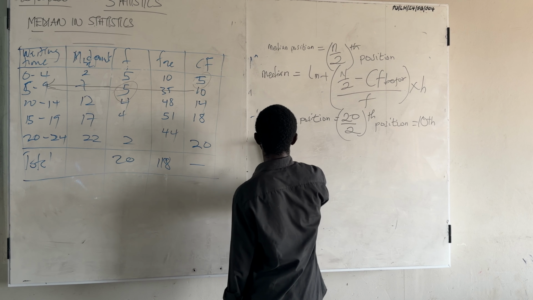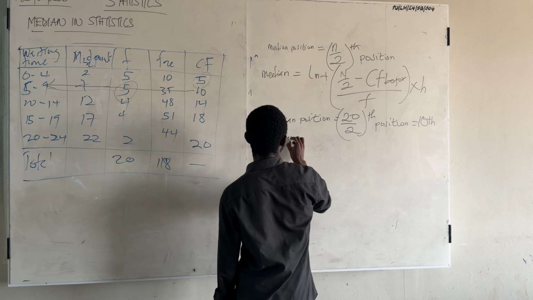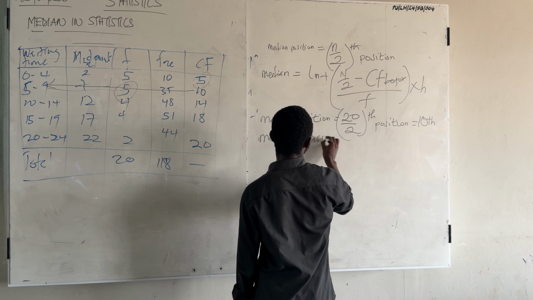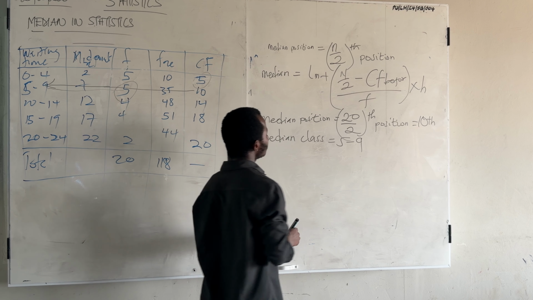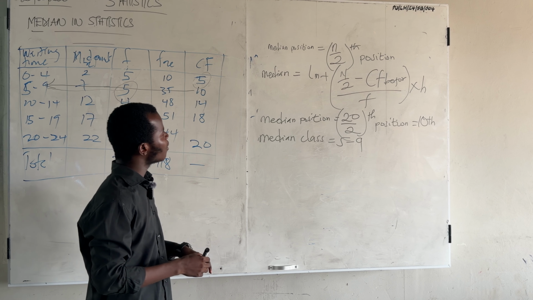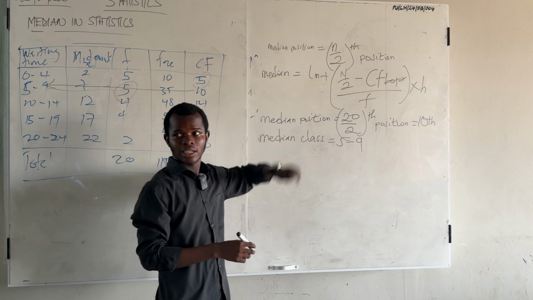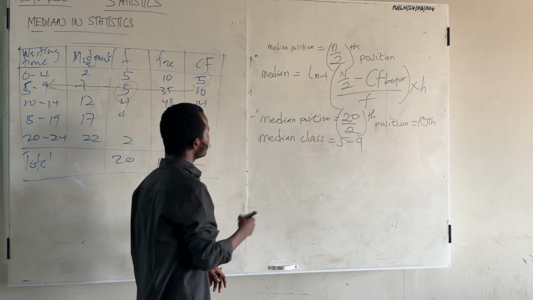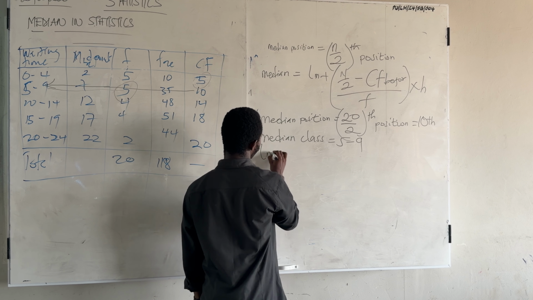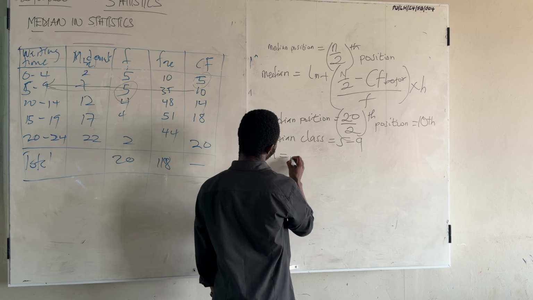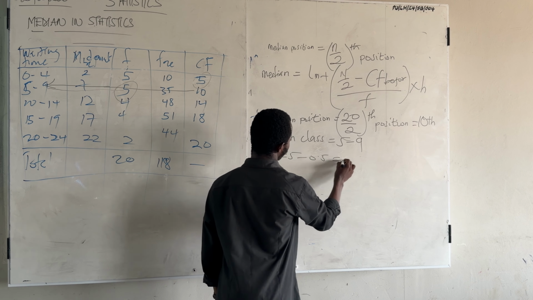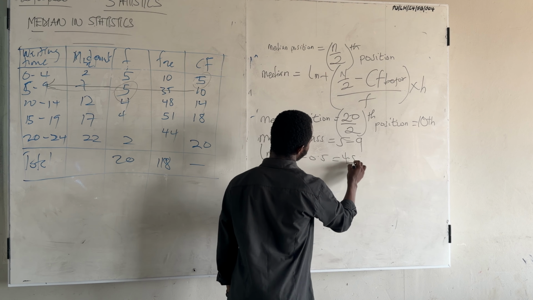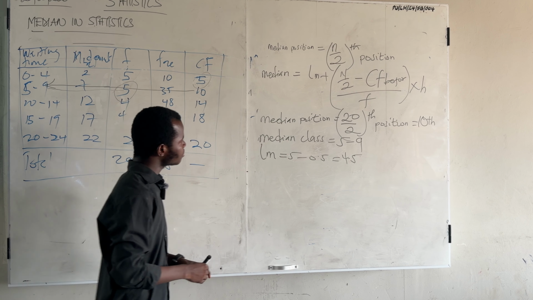So our median class will be 5 to 9. From our median class, you can use it to find our LM, the lower limit and lower boundary, which is 5 minus 0.5, giving us 4.5.